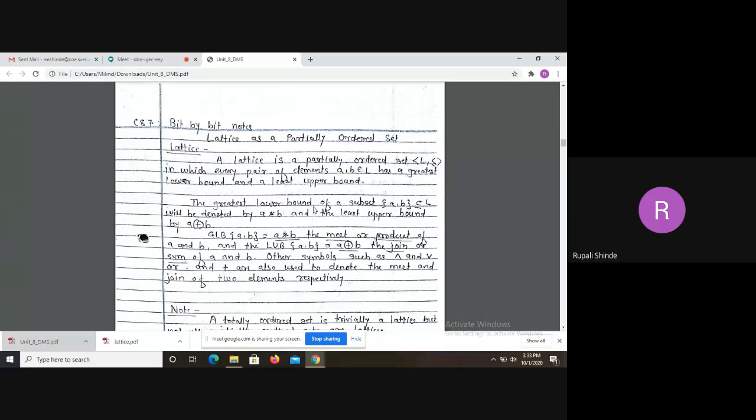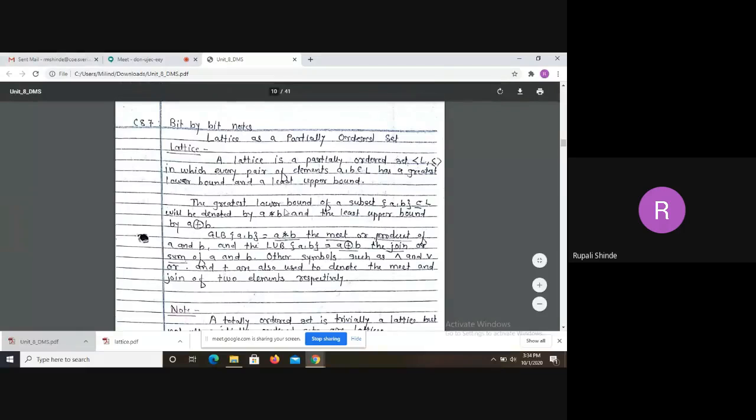Now, the greatest lower bound of a subset A, B, that is a subset of L, will be denoted by A star B. In short, if you consider any two elements and if you want to define the greatest lower bound, then this star is the symbol to represent greatest lower bound. So, the greatest lower bound for these two elements A and B is given by A star B. So, what is the meaning of this A star B?